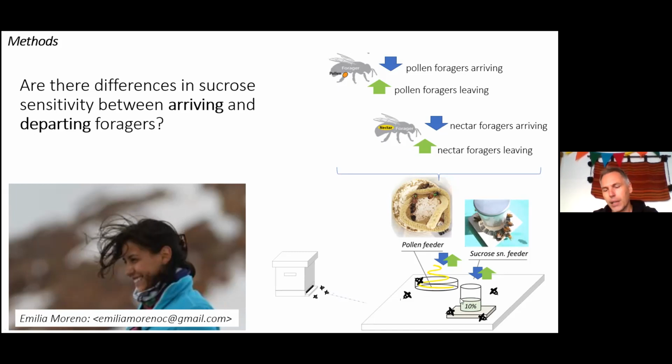Bees arriving at both feeders were captured, and also Emilia captured bees soon after they leave the feeder. As a consequence, we get 4 different groups: pollen foragers arriving, pollen foragers leaving the feeder, nectar foragers arriving, and nectar foragers leaving the foraging station.